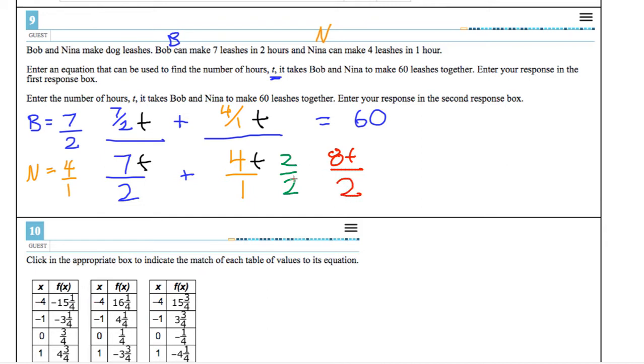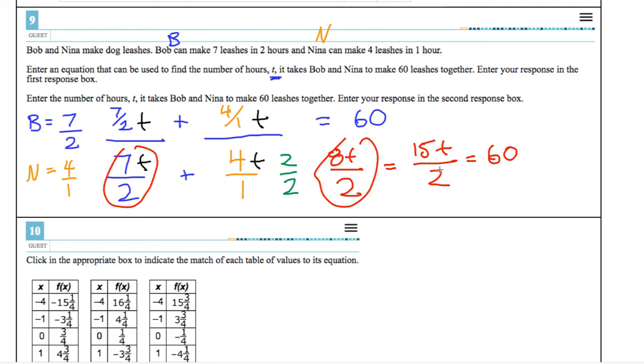So now I can add 8t over 2 with 7t over 2 because they have common denominators. Now I can add them, so 7t plus 8t is 15t. So when I add those two fractions, I get 15t over 2, and that's set equal to 60.